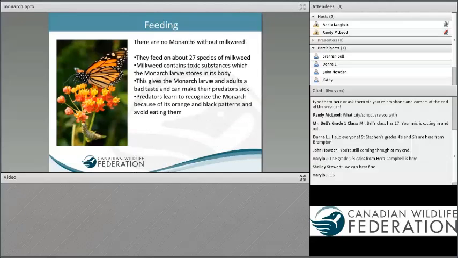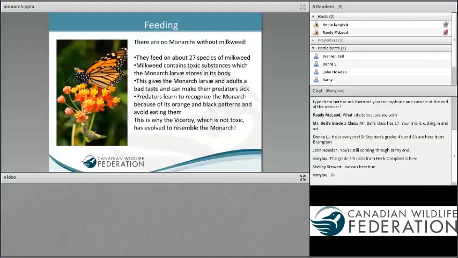It's their defense against predators. And because the monarch is orange and black like that, it's really easy for predators to learn to stop eating them. They might eat one, get sick, and then when they see another monarch, because they're pretty recognizable, they'll say, oh no, I'm not going to eat this again. I got sick the last time.